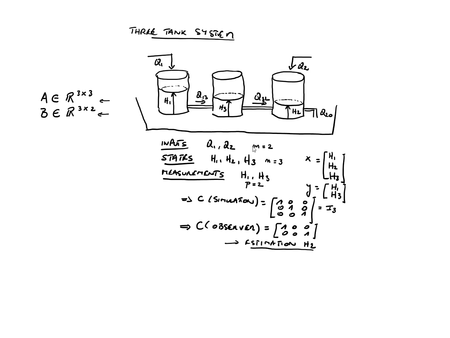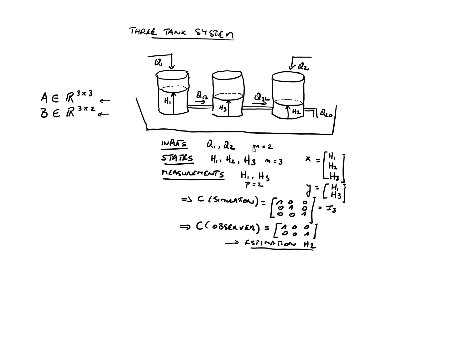Here we'll assume that the state is H1, H2, H3. So if you want to select H1 and H3, the C that you should use for your observer design is the following one. 1, 0, 0 will select x1, and 0, 0, 1 will select x3.